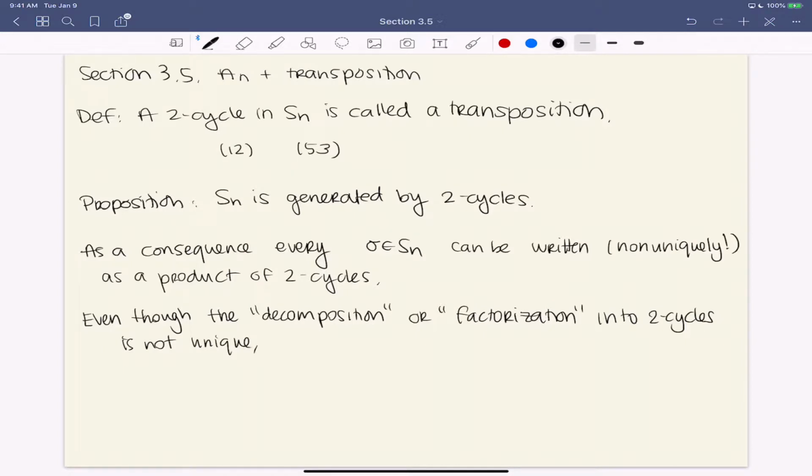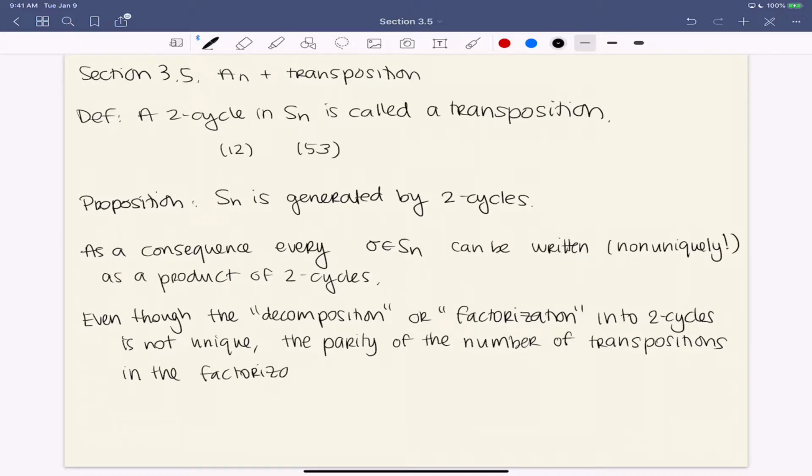What is unique, what depends only on sigma, is the parity of the number of transpositions in the factorization. That is well defined.